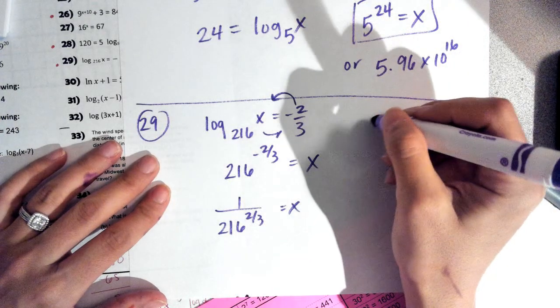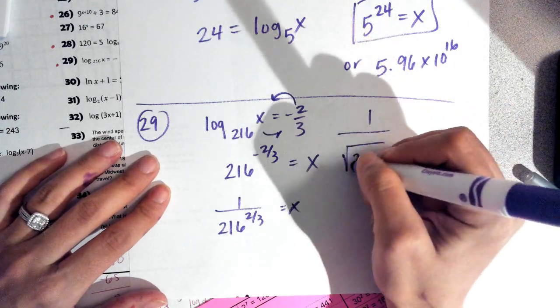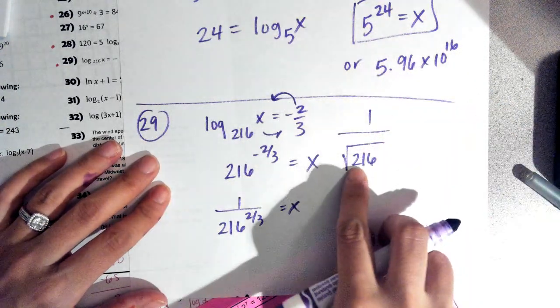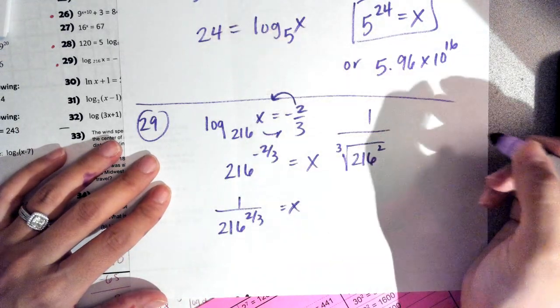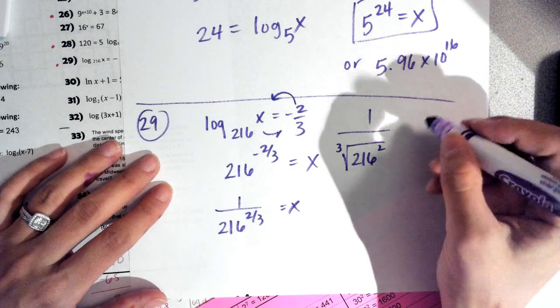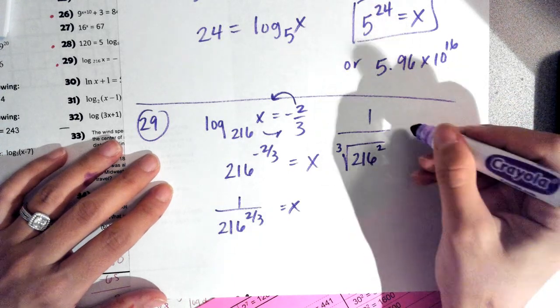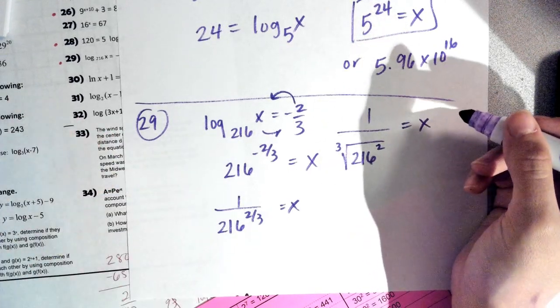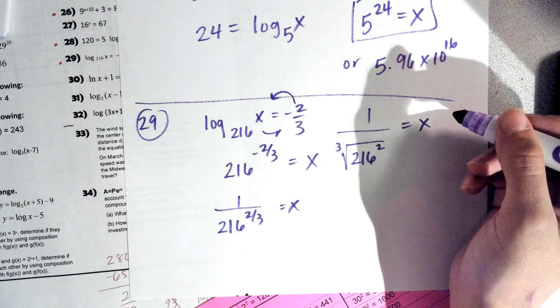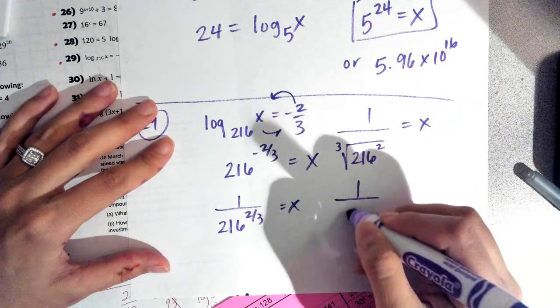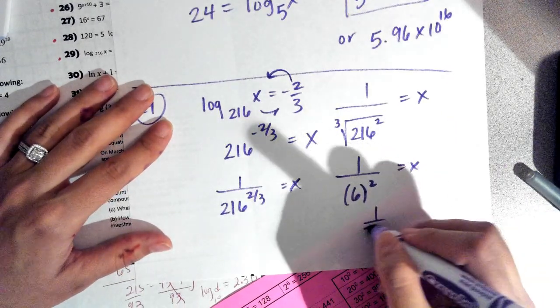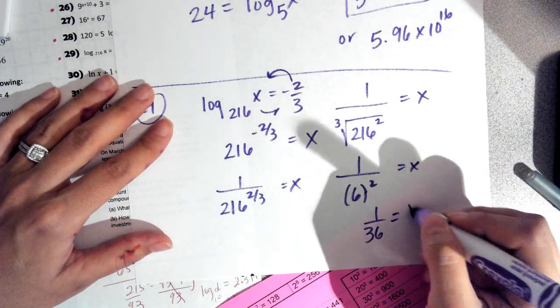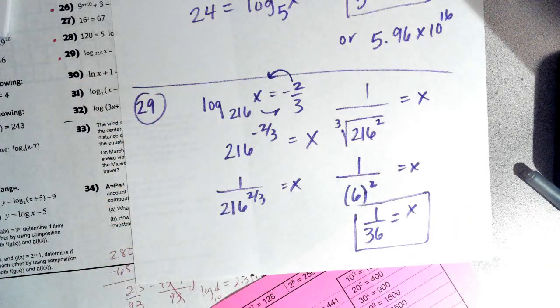And then I can rewrite this as a root. 2 is on the inside, 3 is on the outside. So it's a cube root of 216 squared. Now the cube root of 216 is 6, and then 6 squared is 36. So your answer here is 1 over 36.